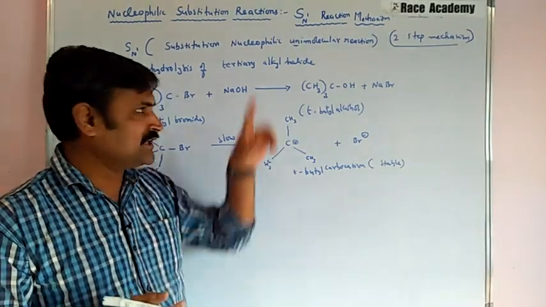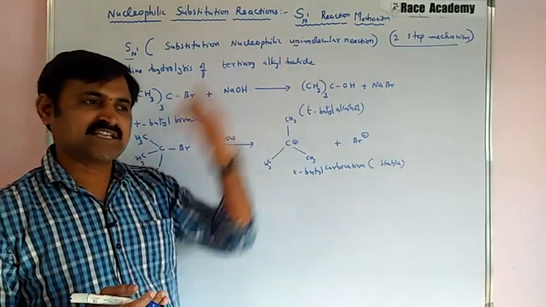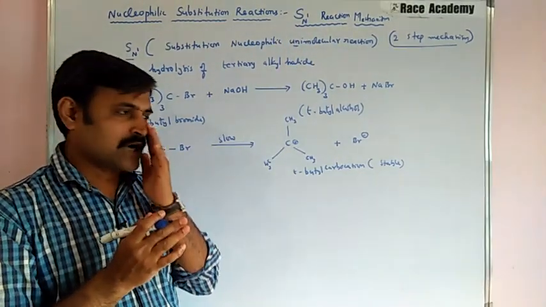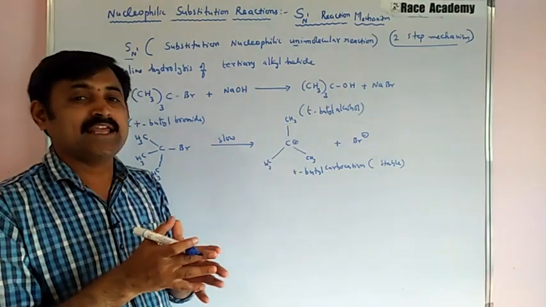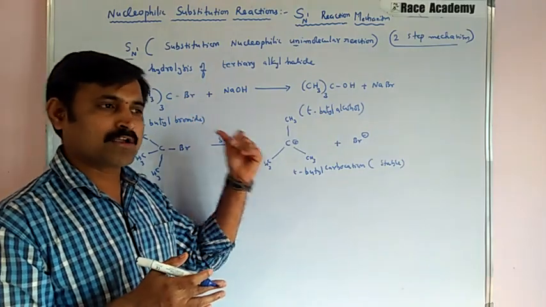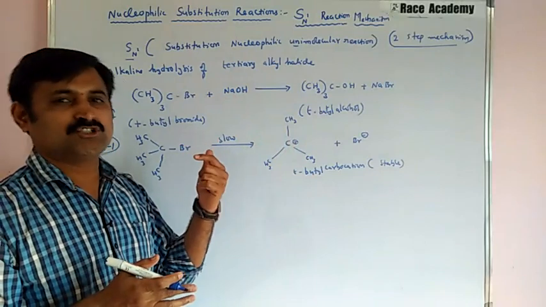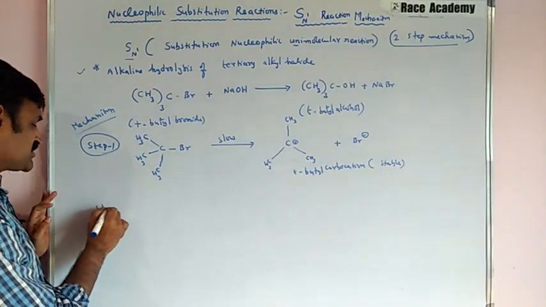So it happens only in the case of the SN1 reaction mechanism, whereas in the case of the SN2 mechanism we only got inversion of configuration, as the nucleophile attacks the carbon of the alkyl halide from the side opposite to the halogen. So let us carefully observe step 2.